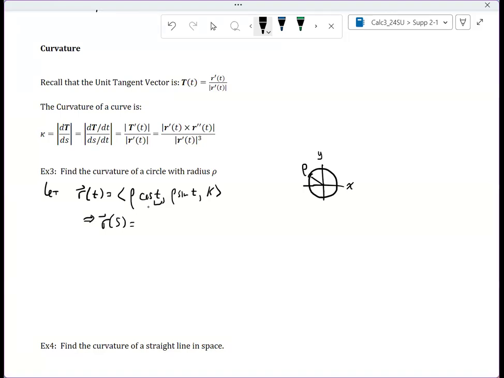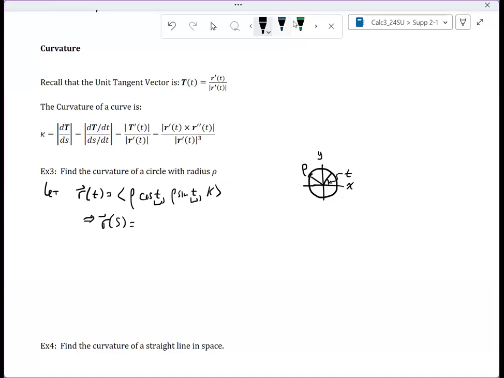And what does the variable t represent? Well, the variable t represents an angle with the x-axis, right? x equals rho cos t, y equals rho sine t. That is just the description of a circle in polar coordinates.